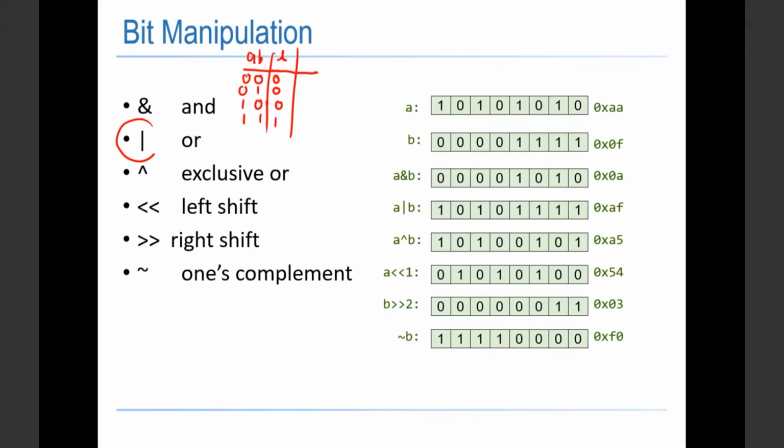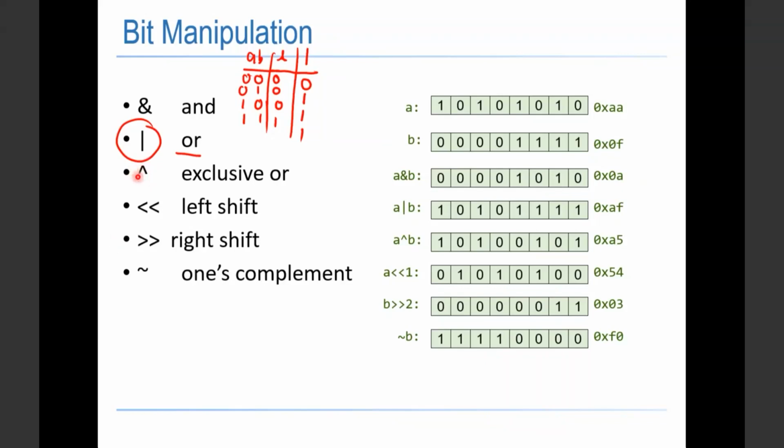And then what about this vertical line here? This is for the logical OR. When 0 OR with 0, you will get 0. This is 1, 1, and 1. And how about this symbol?